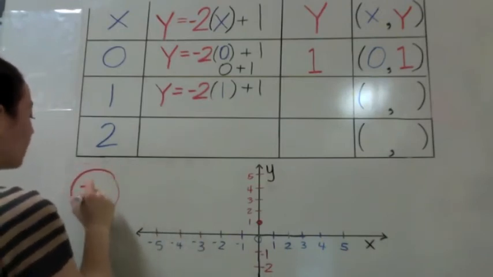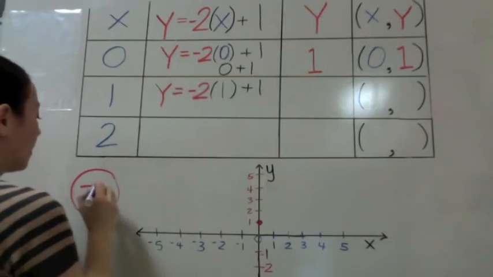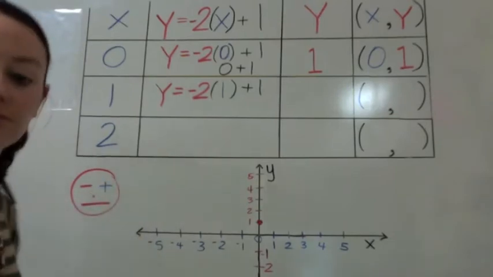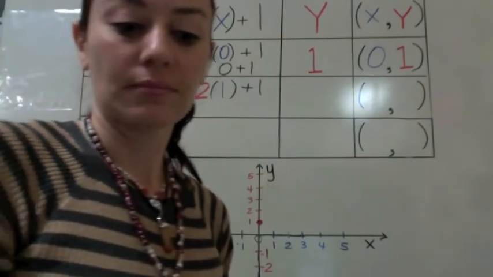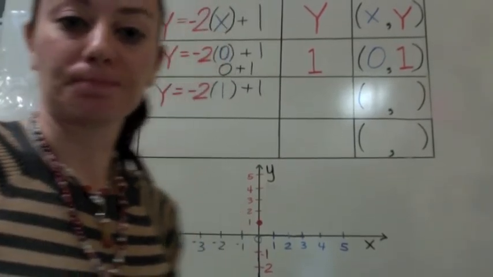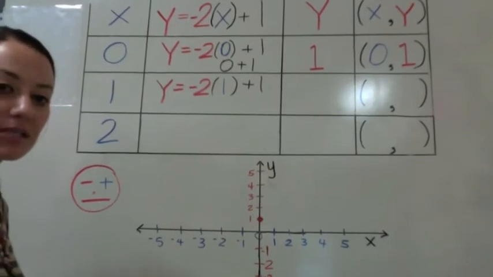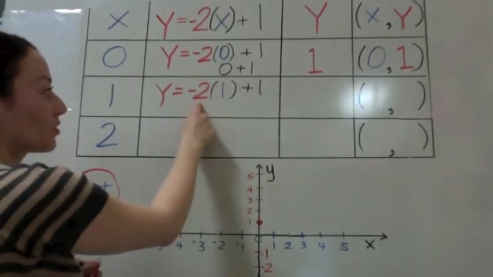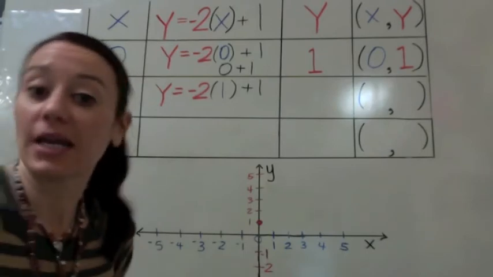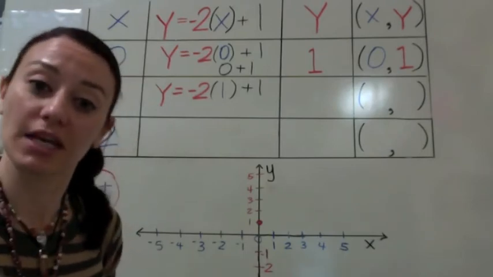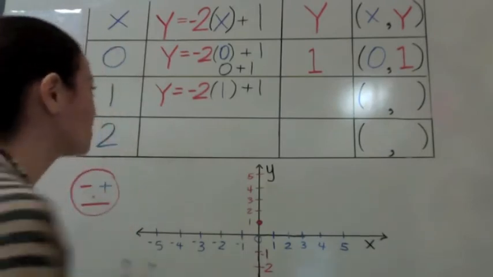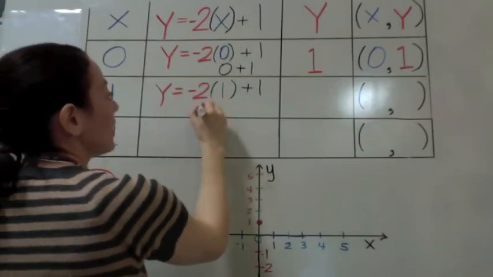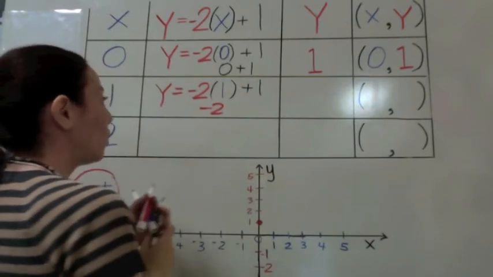A negative times a positive is negative, isn't it? Okay. Negative times positive is negative. And so we just have to ask ourselves, or put in a calculator, -2 times 1. What's -2 times 1? It's -2, right? So then we're going to get that y equals -2 plus 1.